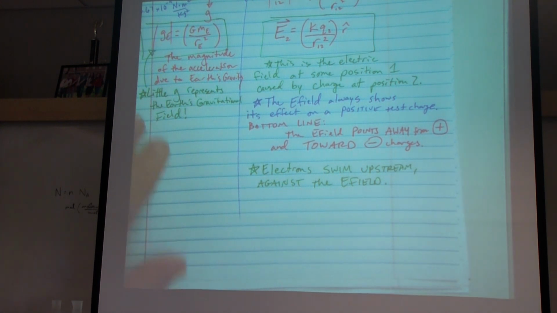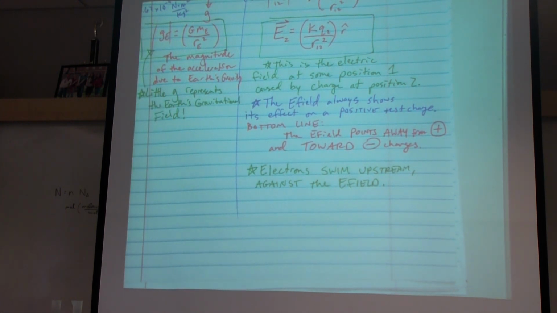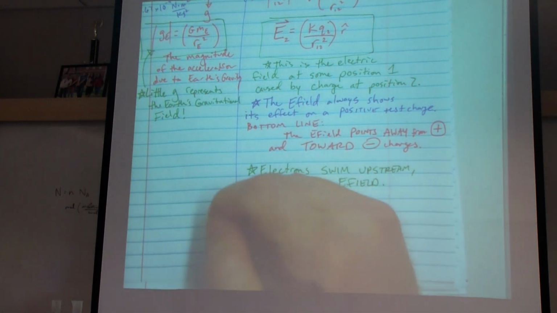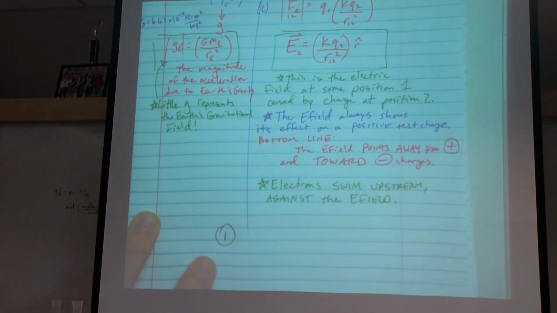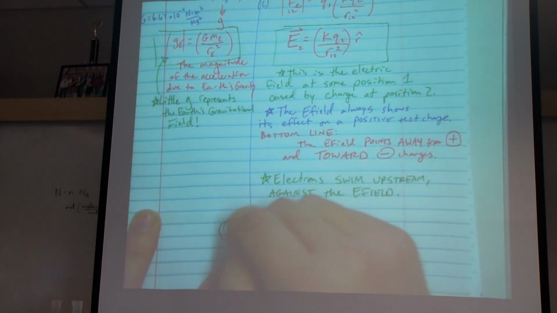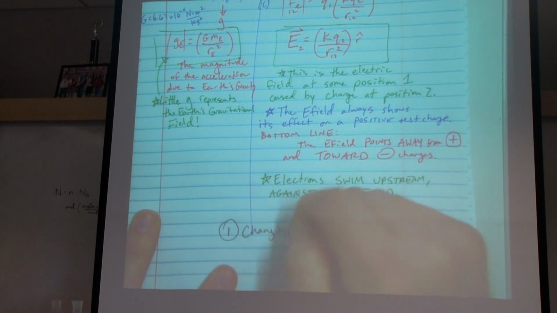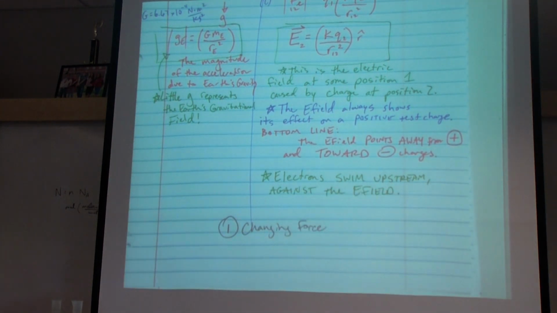If you guys remember what I said last week, before you took the test on thermodynamics, I said this unit is challenging for three reasons. The three reasons why this unit is particularly tough is because electrostatics is harder than gravity. One, we now care about changing force. We can no longer just say, oh, 9.8 works all the time.